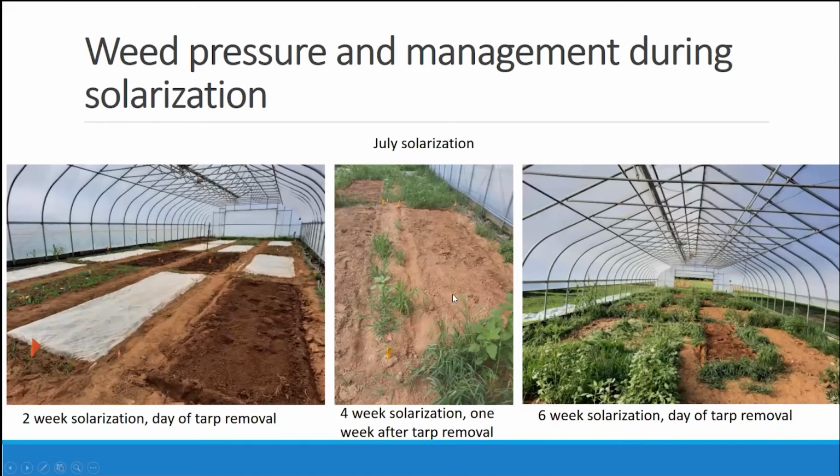That looks pretty weed-free. 6 weeks, here it is, weed-free. Of course the edges, we had a replicated study, the edges where the tarp wasn't covering definitely had weeds growing. But inside this plot, and this was the 4-week, it still looks very weed-free.